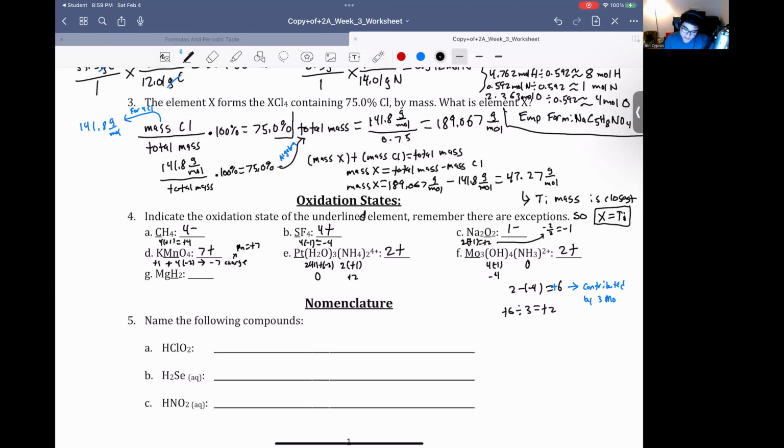So these hydrogens have to be a -1 each. This is a +2. Both of those have to be a -1 to balance that out. Again, these are the exceptions to the rule, not the norm. So magnesium hydride is -1 for the hydrogen.